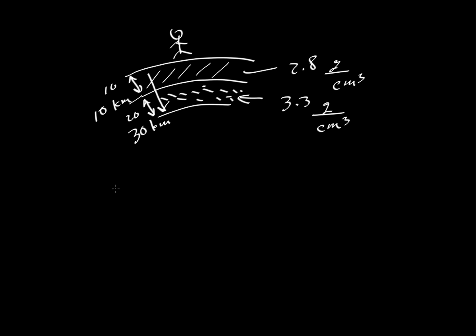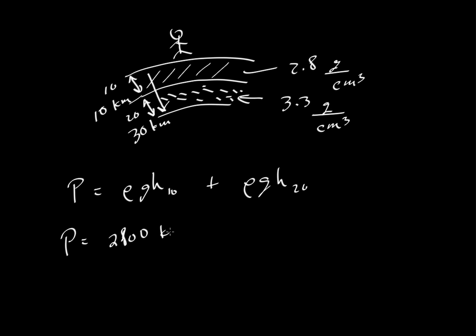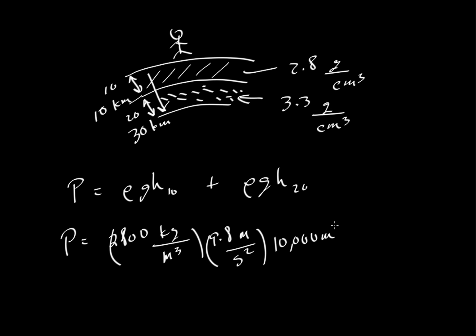Well, pressure is additive. That total pressure would be rho g h at 10 kilometers plus rho g h at the next 20 kilometer interval. So the total pressure would be equal to 2,800 kilograms per meter cubed multiplied by 9.8 meters per second squared multiplied by 10,000 meters.